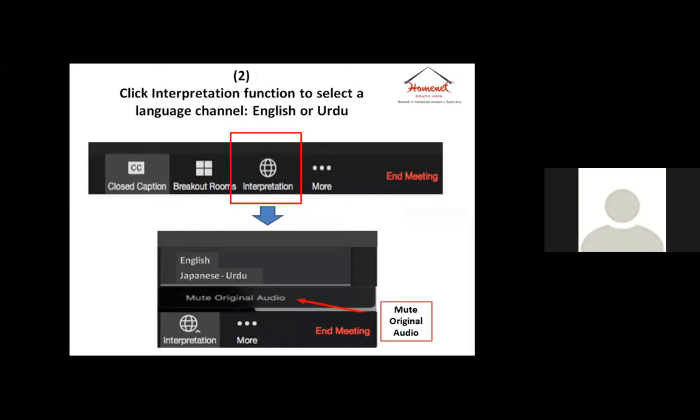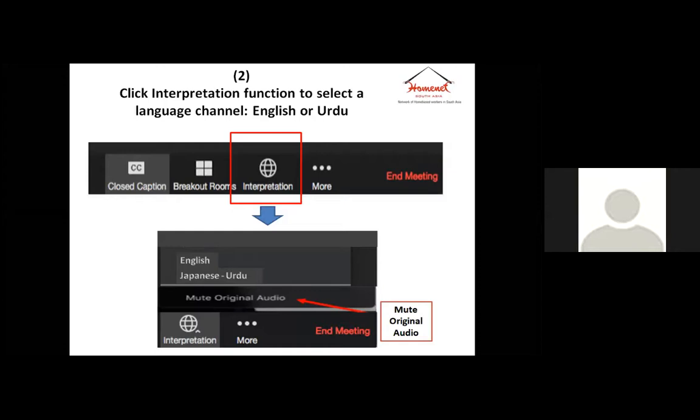So for all language speakers besides Urdu, please click on the English tab. For Urdu speakers, please click on the Japanese tab where the translation from English to Urdu will be provided. So in this webinar, you need to select a language. It's either English language or Japanese/Urdu language to hear the speakers.